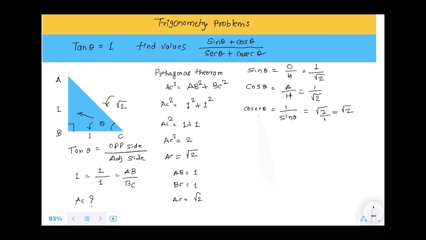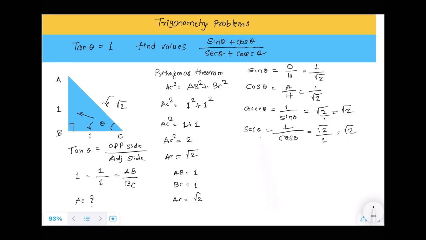What is cosec theta? It is 1 upon sin theta. That is equal to square root of 2 upon 1. That is equal to square root of 2. We can also find out cosec theta as hypotenuse upon opposite side. We get the same answer, square root of 2. As hypotenuse is square root of 2, opposite side is 1.